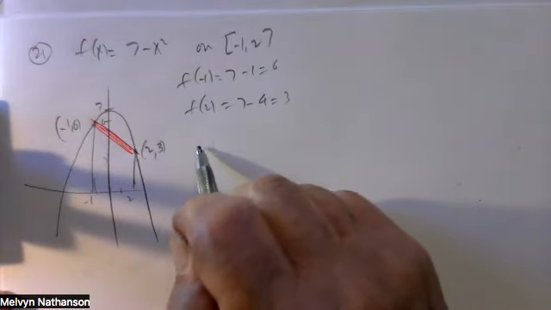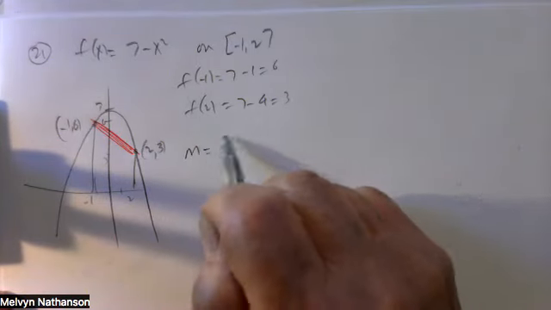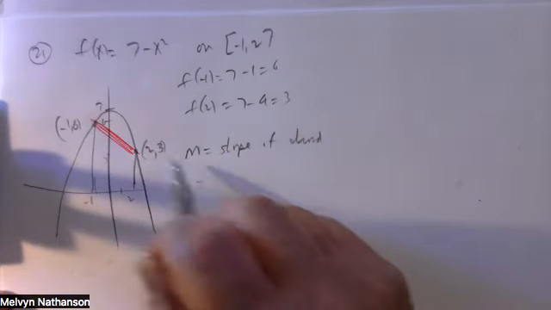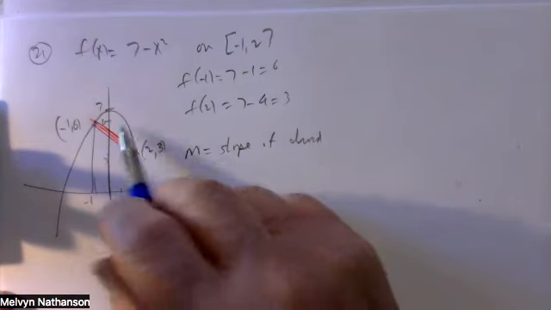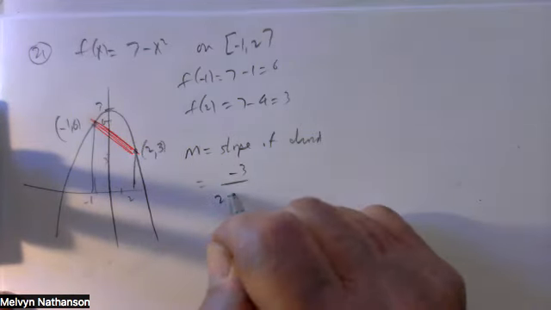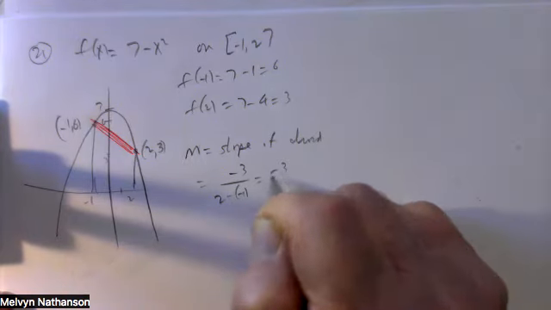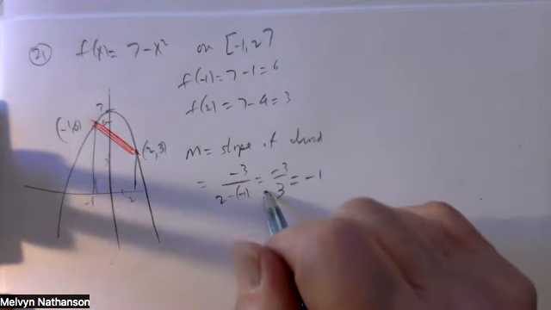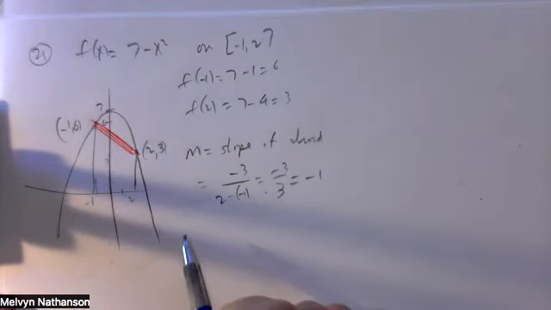So the slope of the chord, m, is 3 minus 6 over 2 minus minus 1, which is minus 3 over 3, is minus 1. So this line has slope minus 1.